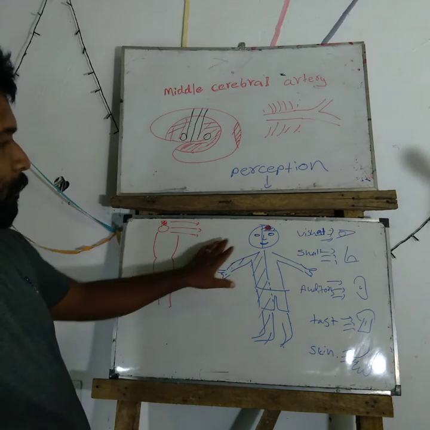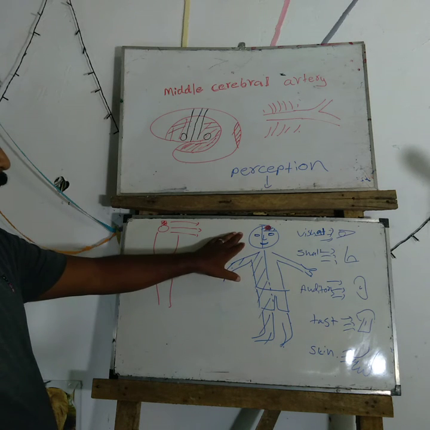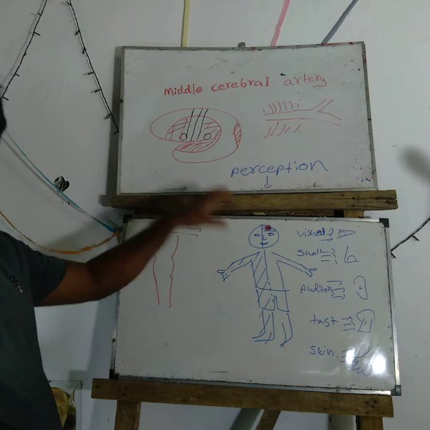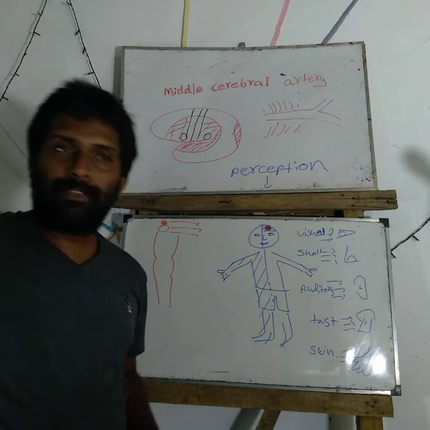The visual identification connects to the cranial nerves, the visual pathway.